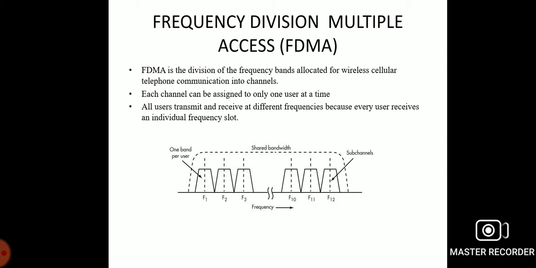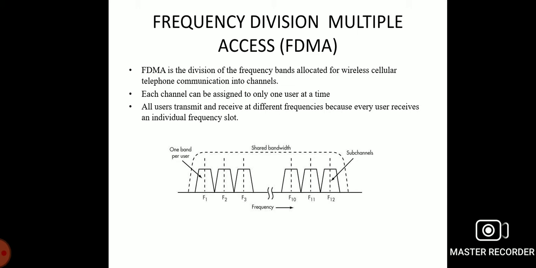In this duplexing, the channels contain a dual simplex channel, namely forward and reverse channels. The forward frequency band provides the radio traffic from the base station to the mobile unit, and the reverse frequency radio band provides the radio traffic from the mobile unit to the base station unit.